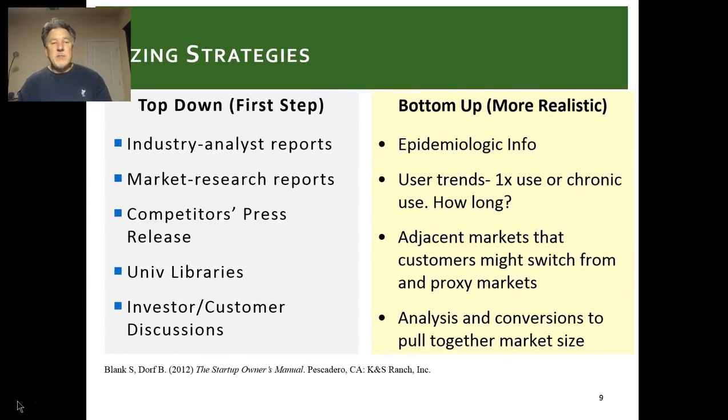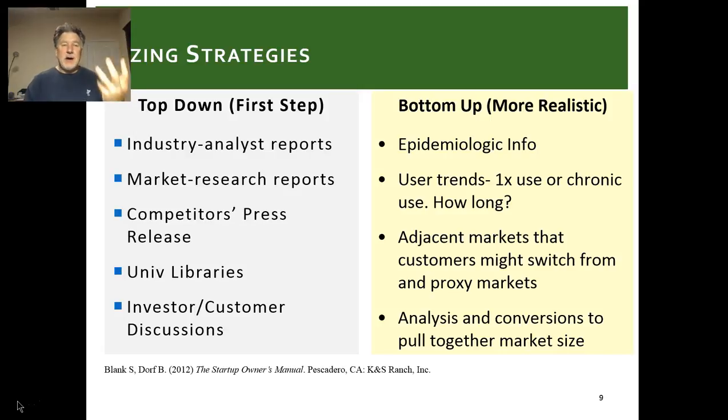So when we size a market, you'll hear this term called market modeling, and there are two ways that you can model a market. Either you can do top-down or bottom-up. A top-down is where, and I don't know whether you have done this in your secondary market research classes, there are good sources you can get from industry reports, market research reports, competitive press releases, university libraries, and just talking to investors and customers.